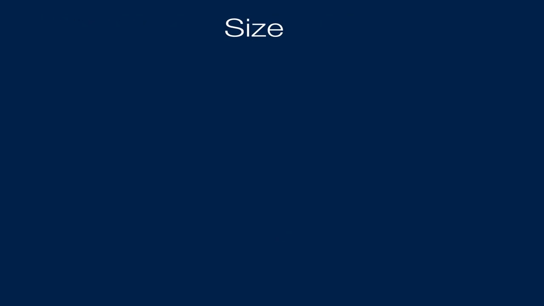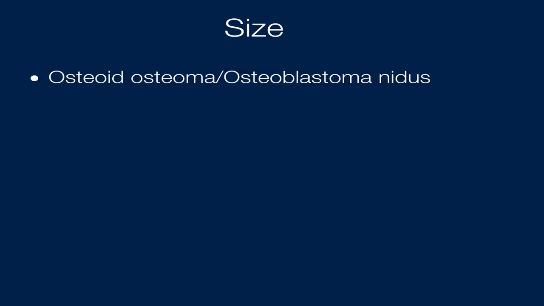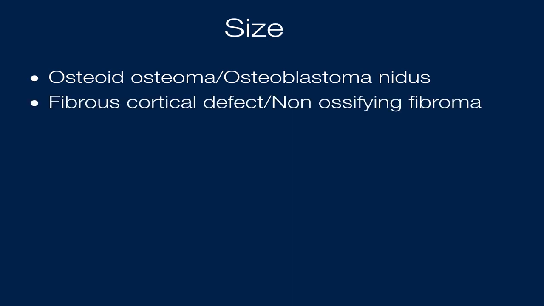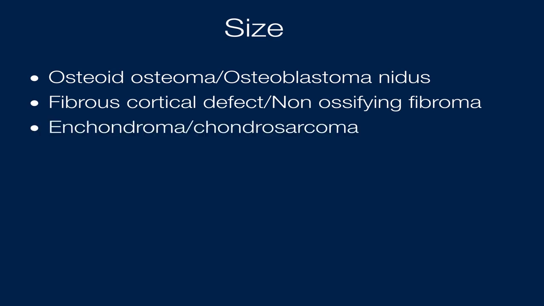Size and number can sometimes be helpful. For instance, an osteoid osteoma, when larger, becomes an osteoblastoma, or is termed an osteoblastoma, even though histologically they're the same. Same thing with fibrous cortical defect, non-ossifying fibroma, and enchondroma and chondrosarcoma. It's not size dependent. Instead, the size can sometimes help you whether it could represent a chondrosarcoma if it's larger.